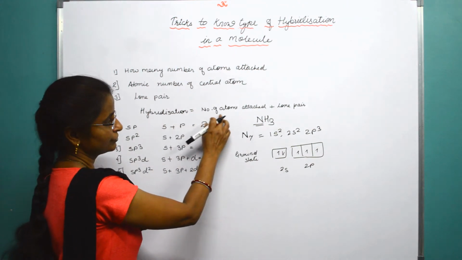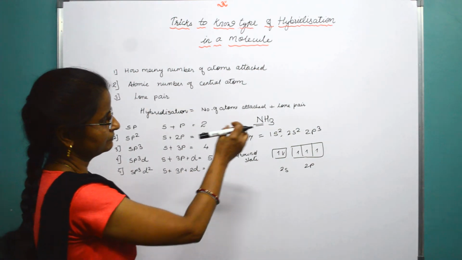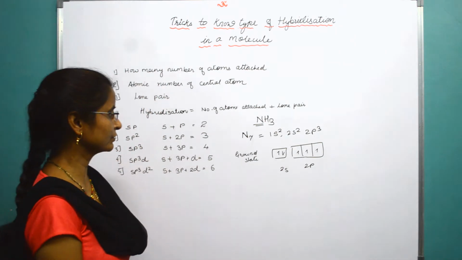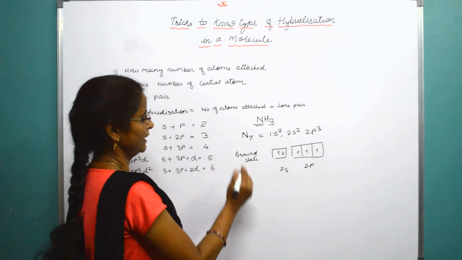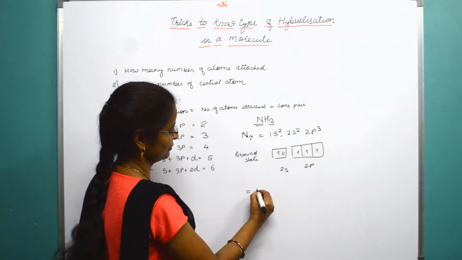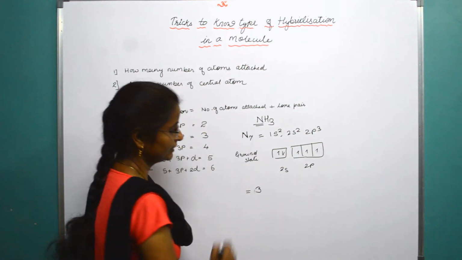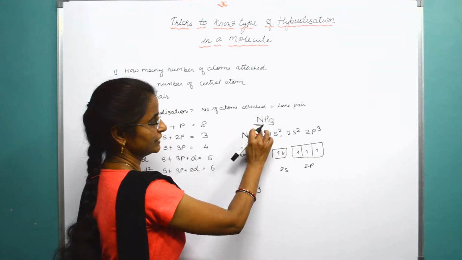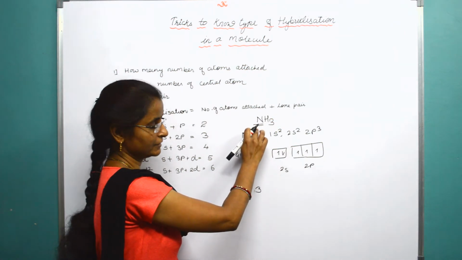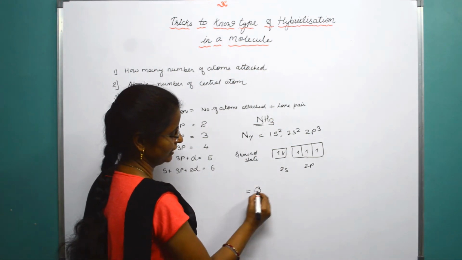Hybridization equals the number of atoms attached to the central atom plus lone pairs of electrons. The total number of atoms attached to the central atom is 3, meaning 3 hydrogen atoms are attached to the nitrogen, so 3 plus.